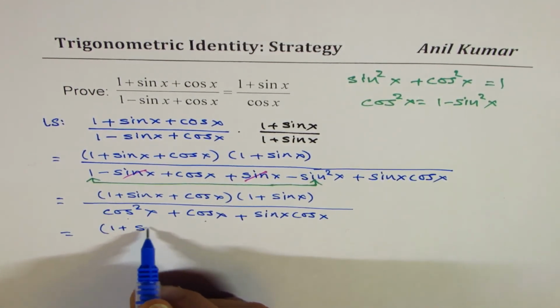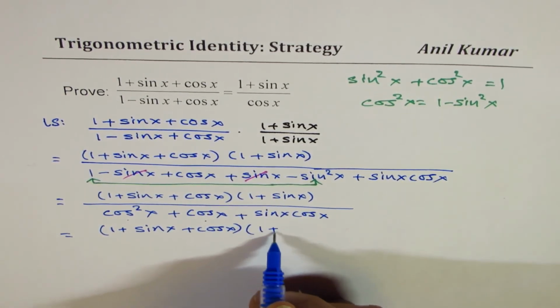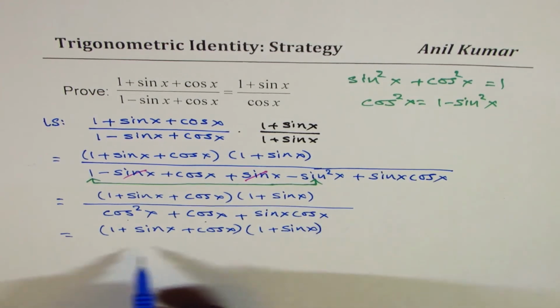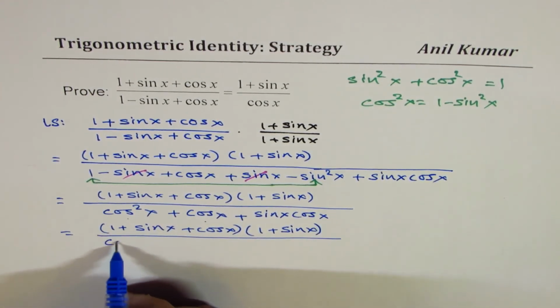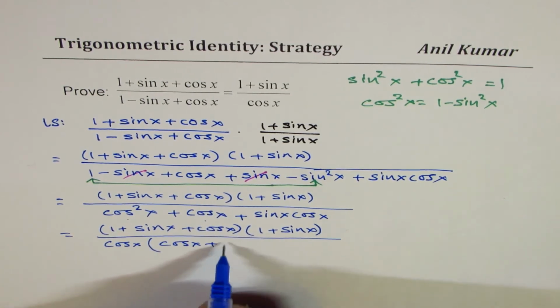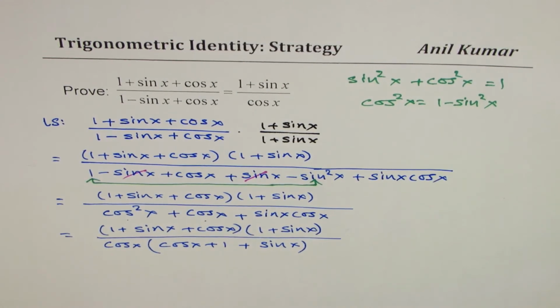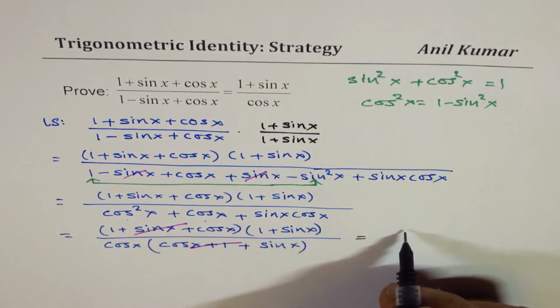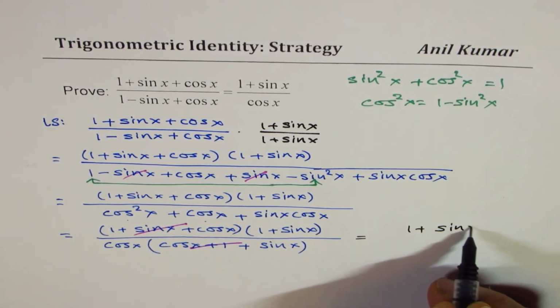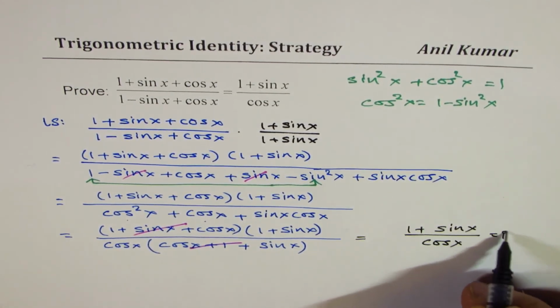So we have 1 plus sin x plus cos x times 1 plus sin x divided by, if I take cos x as a common factor, I get cos x times 1 plus sin x plus cos x as the other factor. And clearly, these two cancel out, and that was the motive, right? So what is left here is 1 plus sin x divided by cosine x. That is the right side.